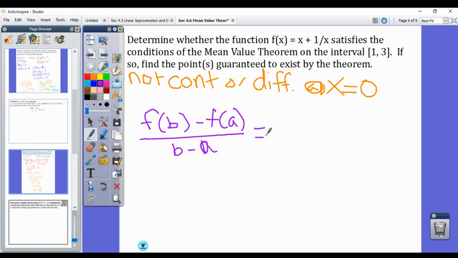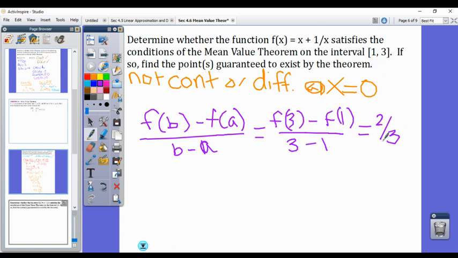So we're plugging in 3 to my original function minus 1 plugged into my original function, all divided by 3 minus 1. And if we do that, we are going to end up with 2/3.